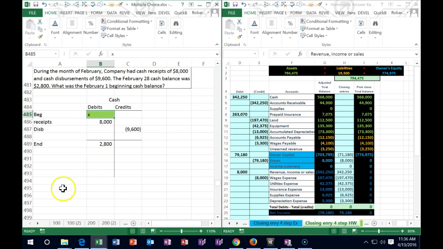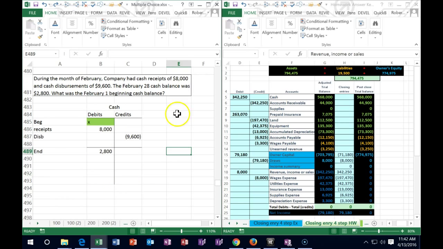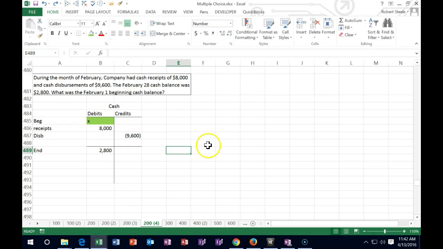Now this is one that's almost easier sometimes to just write out. So I'm going to write it down in Excel. I'm going to make this a bit larger over here. We're going to put our equation here. So I'm going to start with X, of course, and that's going to be this number here, plus the 8,000, minus the credit of 9,600, has got to equal the balance of 2,800.